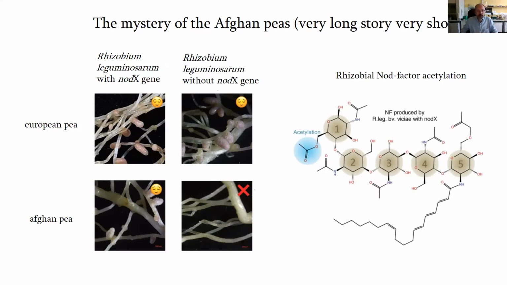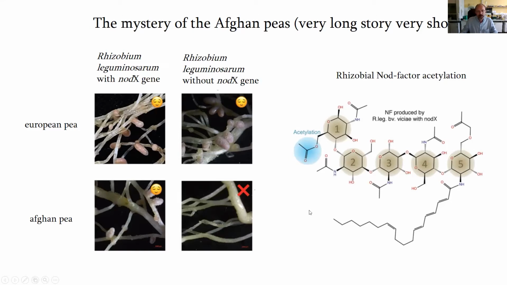But there is a difference in symbiotic performance of rhizobia isolated from different hosts. Rhizobia isolated from Afghan peas can produce nodules on both lines, on Afghan peas and European peas. But rhizobia isolated from European peas can produce nodules only on European peas.